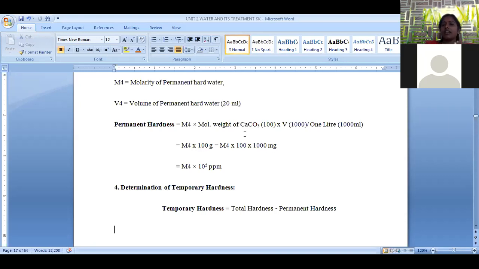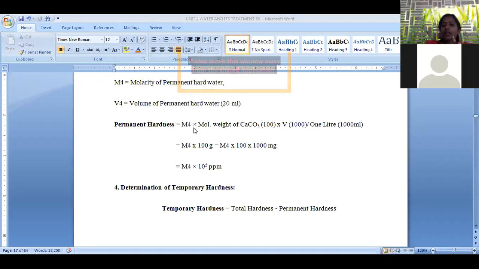First, we are titrating against standard hard water in order to standardize EDTA solution. After standardizing EDTA solution, we have to take sample water, and sample water is titrated against standard EDTA solution, so that we will find the molarity of the sample hard water. If molarity is known, it can be converted into weight by multiplying with 10 to the power of 5. Then the value is obtained in ppm.